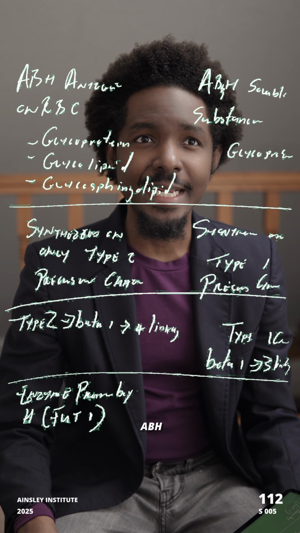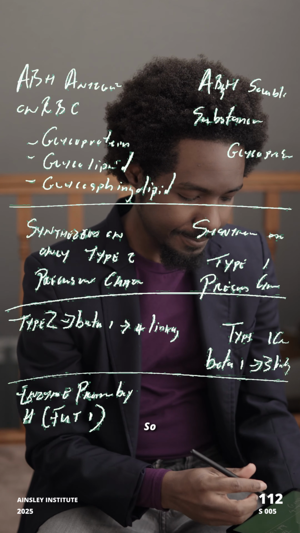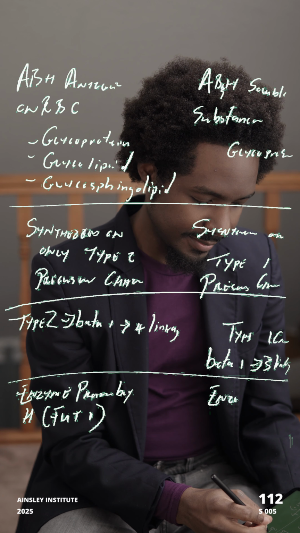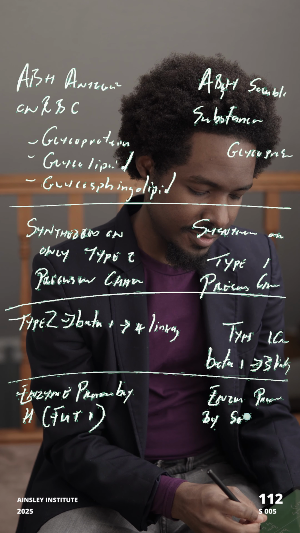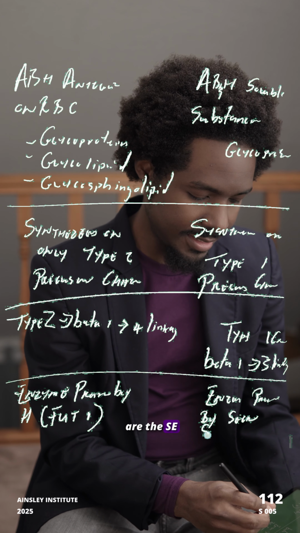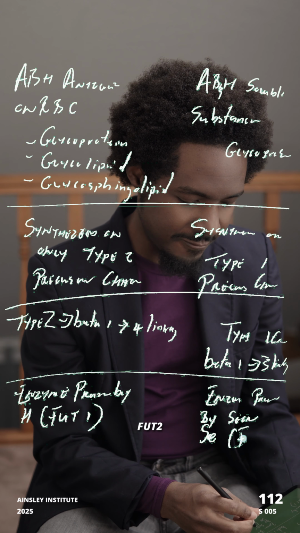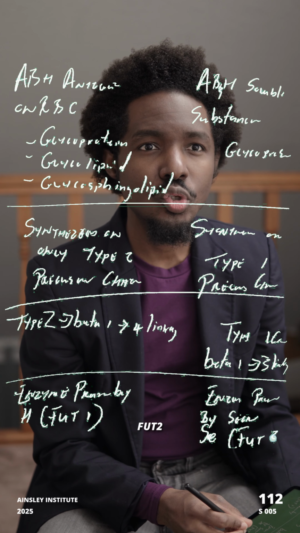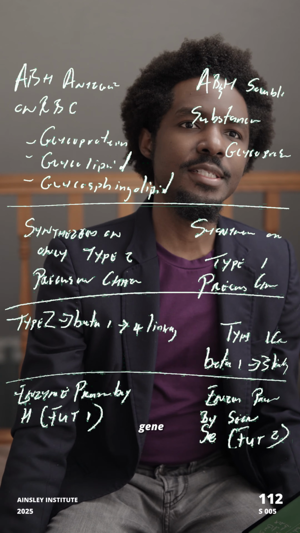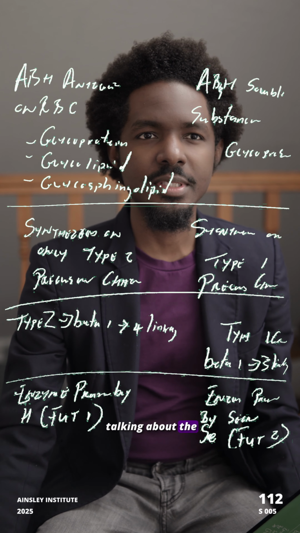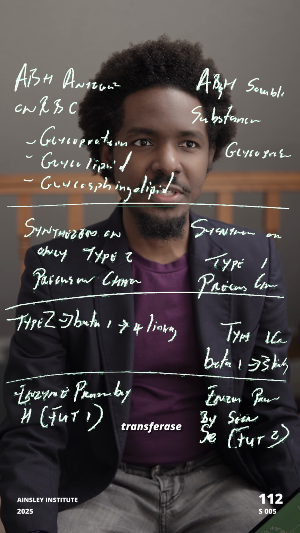And for the A, B, and H soluble substances, the enzyme is produced by the secretors, and the secretors are the SE, and we know that this SE is going to be FUT2. All right, that is a gene, and we're still talking about alpha-2-L-fucosyltransferase.